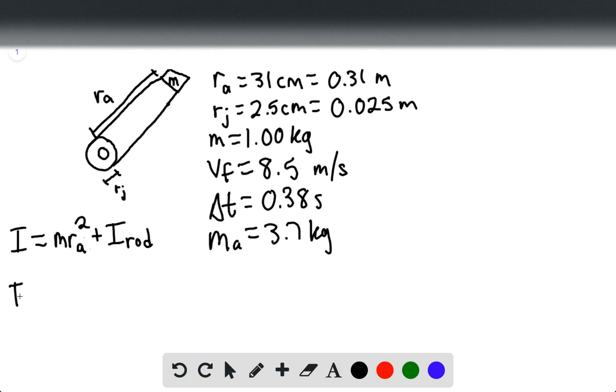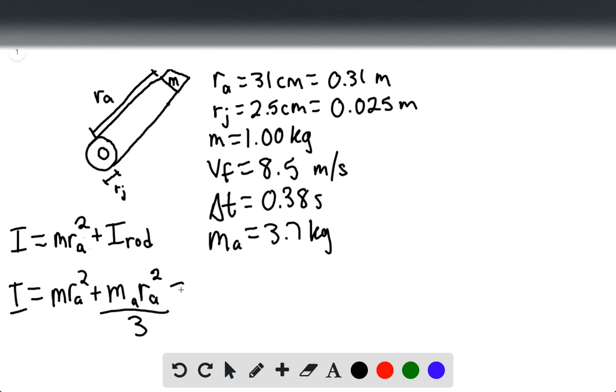So this will be I equals mR sub A squared plus the moment of inertia of a rod, which is simply going to be M sub A R sub A squared over 3. So when applying the moment of inertia of a rod to this arm, it'll be the mass of the arm times the radius of the arm squared divided by 3.